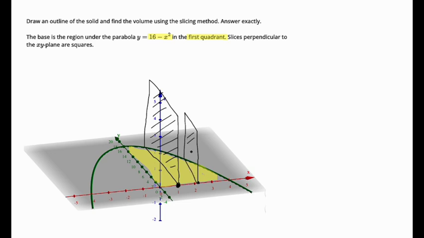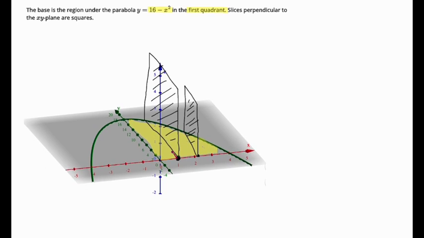So when we write our slice as an area, to integrate it, we have to make sure that we write it in a generic way. Look at specifically this edge of the square. That's the height of the function. So if I plug in x equals 1 into the function 16 minus x squared, that will give me the length of this square, and then I also know that it's the width.